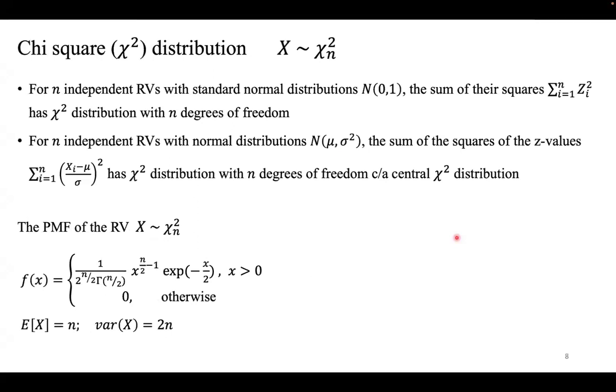So we start off with the chi-square distribution, and this is what it looks like, right? This is the PDF, and this is how you denote it. X tilde chi-square n, so square is this chi-square thing, and n here, the subscript, is indicating something called the degrees of freedom, which again we'll see in a moment. But this is what it looks like. So you can see it's even more complicated than a normal distribution.